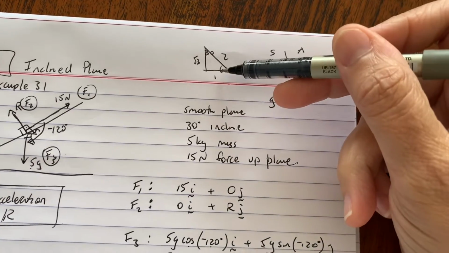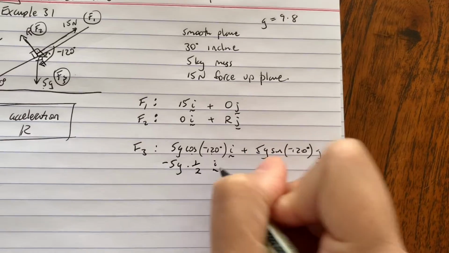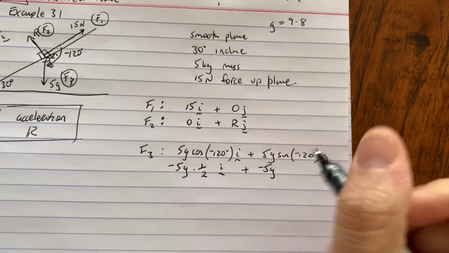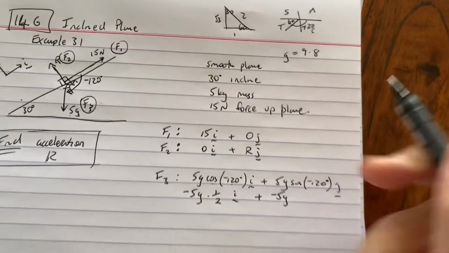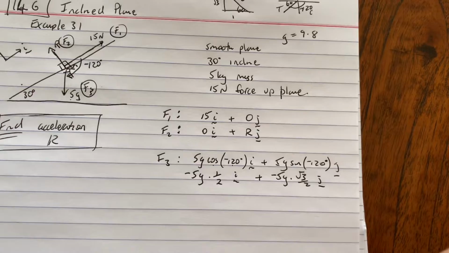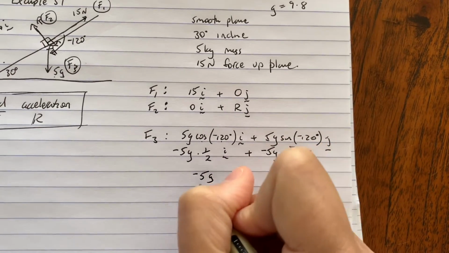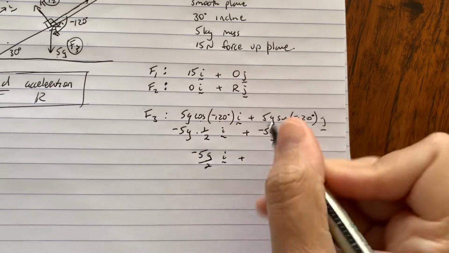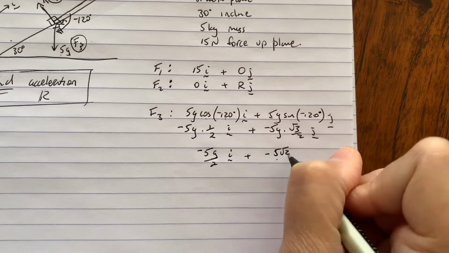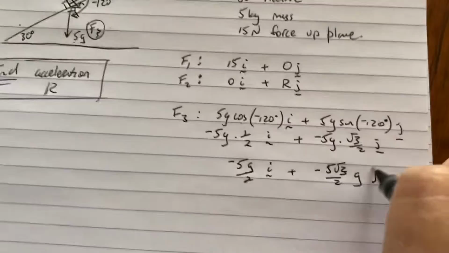What is the cos of 60? It's a half. This will be negative 5g, and what is the sine of 60? It is root 3 on 2. So I'm just going to write that a little bit neater. Negative 5g on 2 i, and negative 5 root 3 on 2 g is my j.